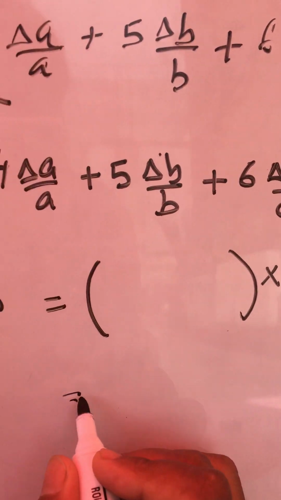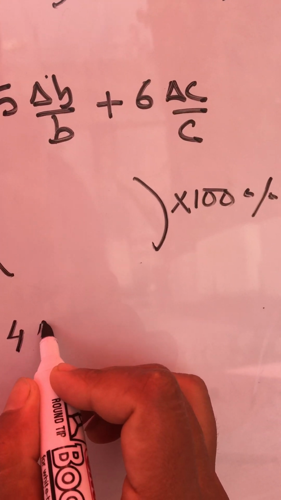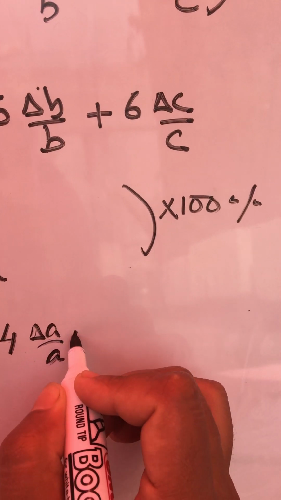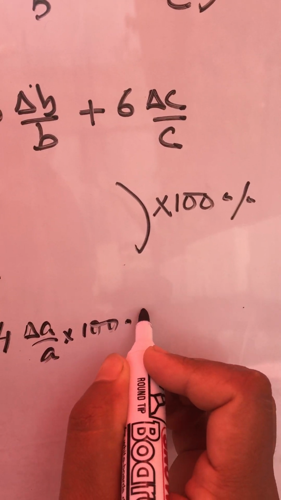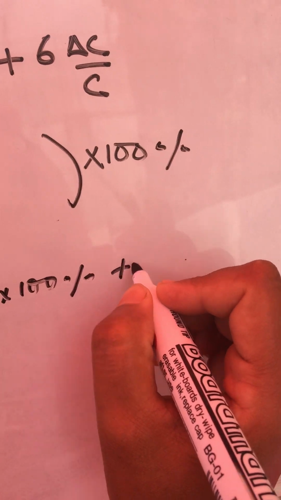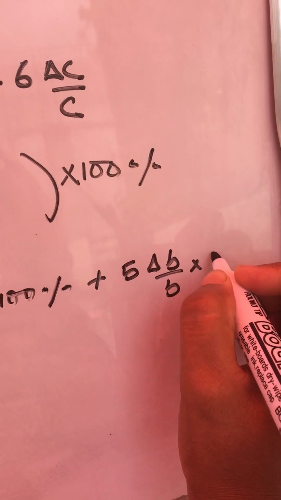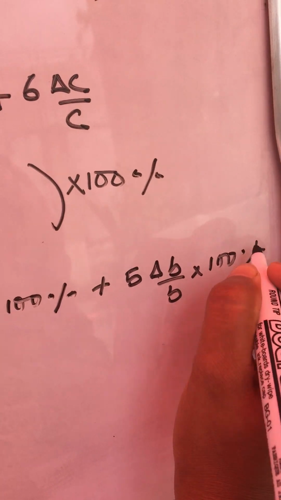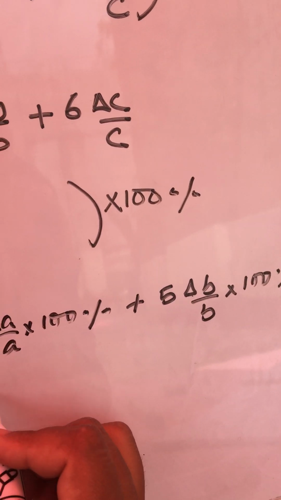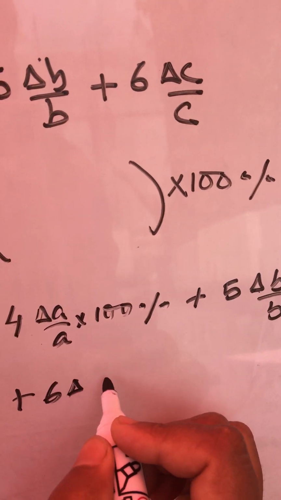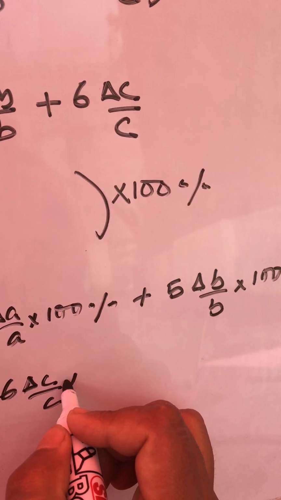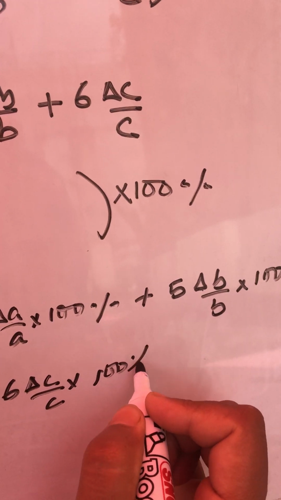This will be 4 delta a by a into 100%, plus 5 delta b by b into 100%, plus 6 delta c by c into 100%.